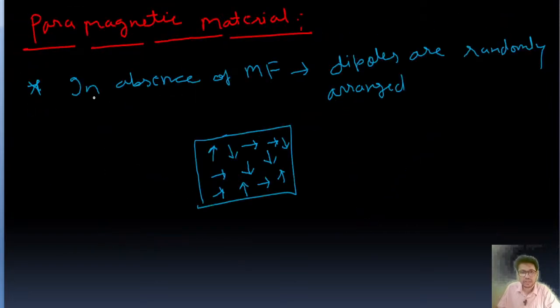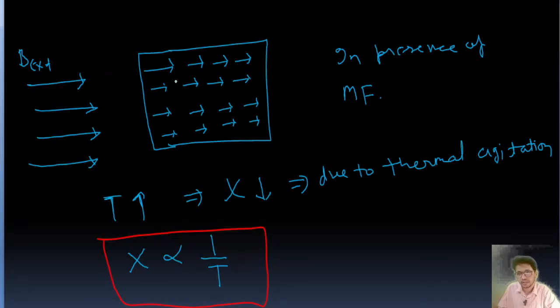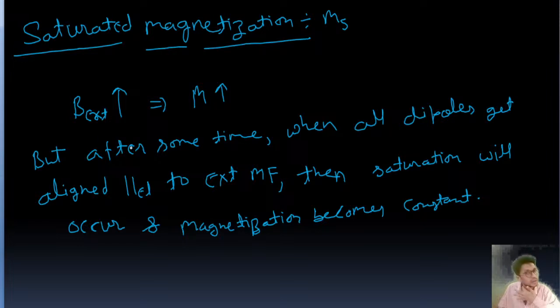After that the magnetization is saturated and has a constant value. So when we increase the external field, initially magnetization increases, but when all dipoles are parallel to the external field, saturation occurs and magnetization becomes constant.